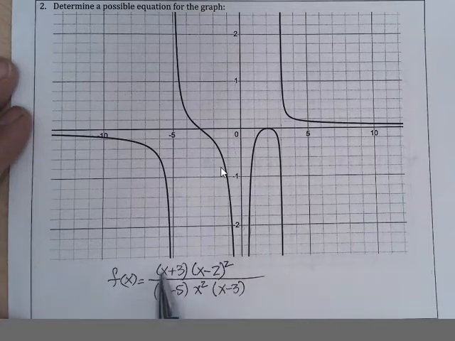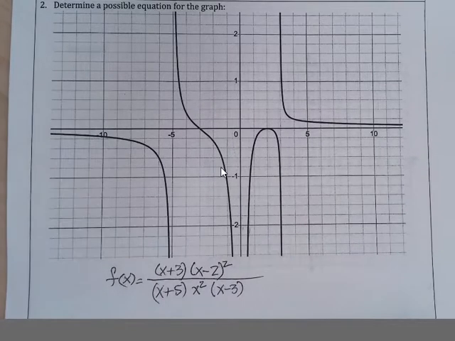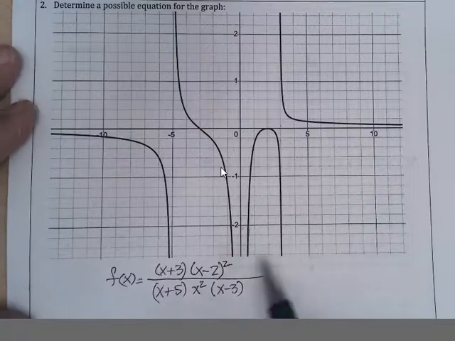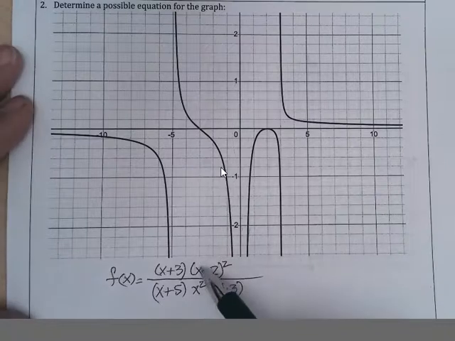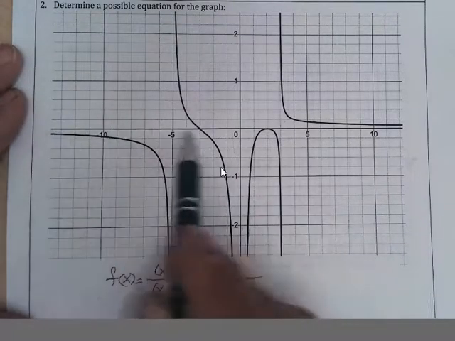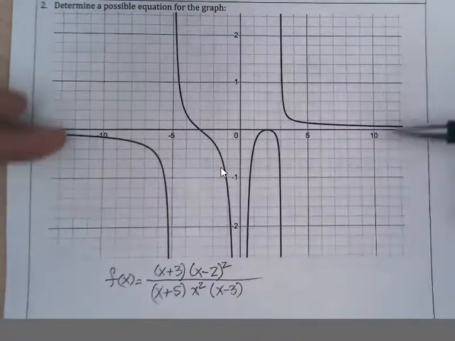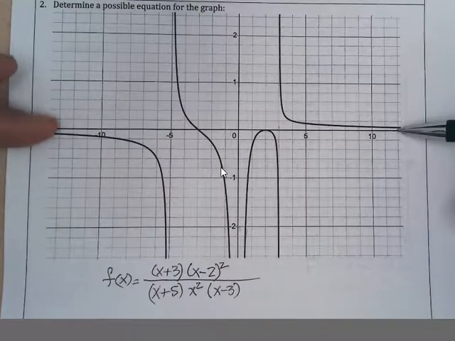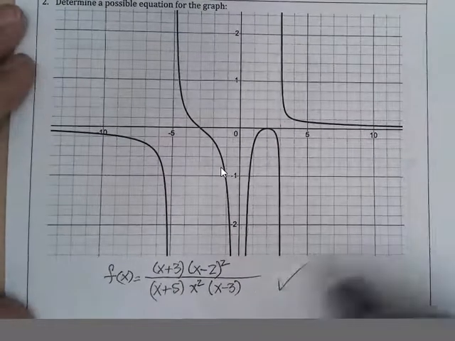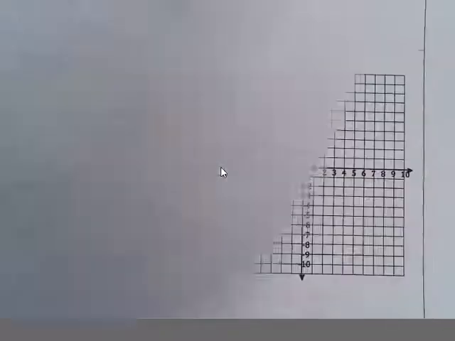And the numerator is x squared times x, x to the third, degree 3. So it's 4 and 3 with the numerator smaller. The horizontal asymptote should be 0, and it is. Looks like it's getting closer and closer to y equals 0. So this looks like a reasonable guess for the equation for that.